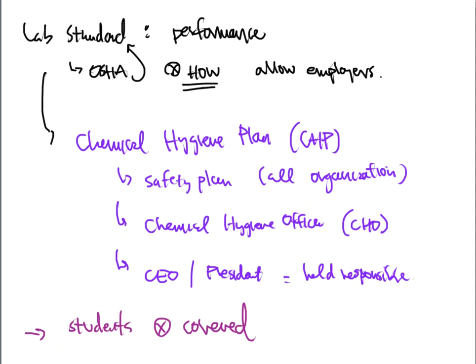These are components of a CHP that are required or at least heavily suggested. And these components are coming from the Code of Federal Regulations, 29 CFR 1910-1450, Section 3. So what do they look like?